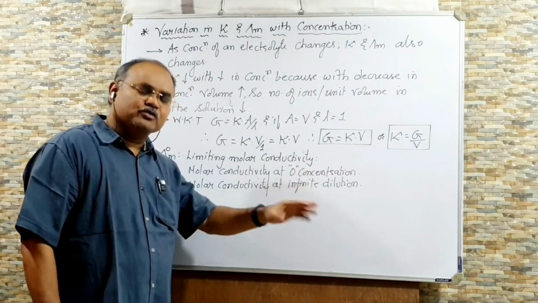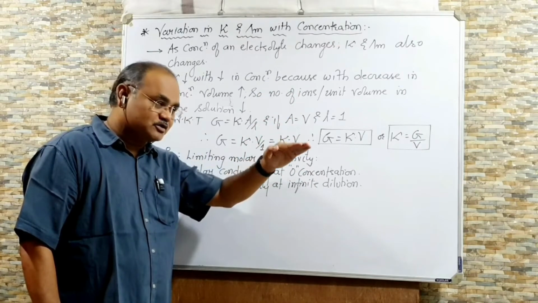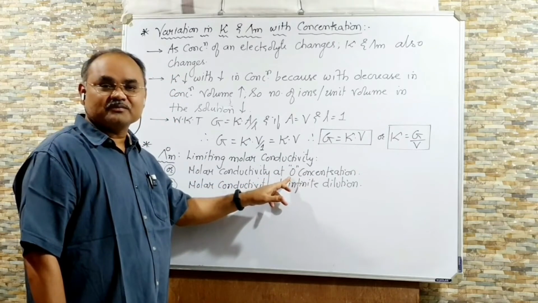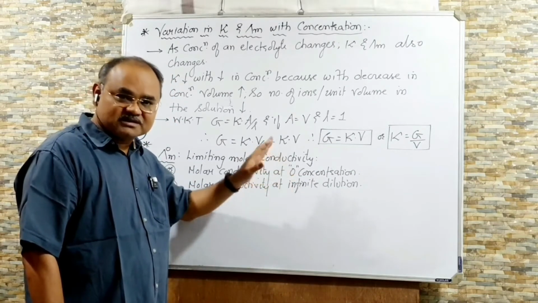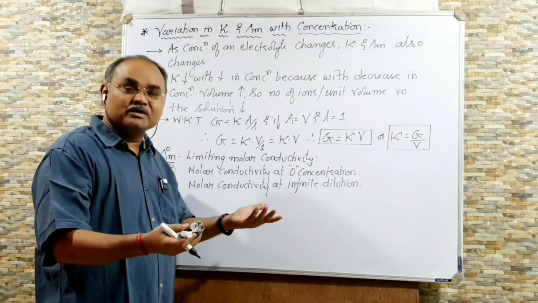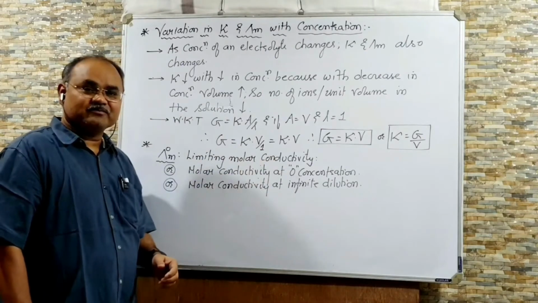When you go on diluting, the concentrated solution becomes dilute solution, and a time will come when the concentration becomes zero. After the concentration becomes zero, there is no limit to further dilute the solution. That's why it is also called limiting molar conductivity.